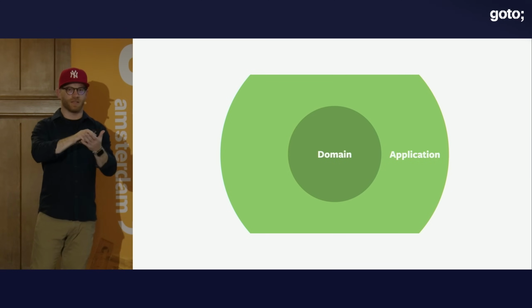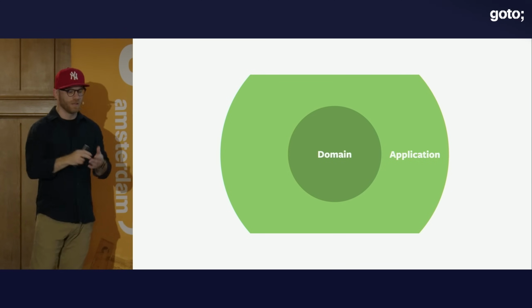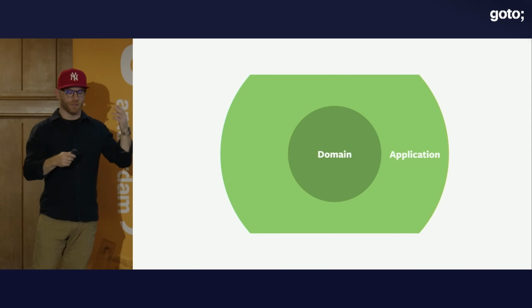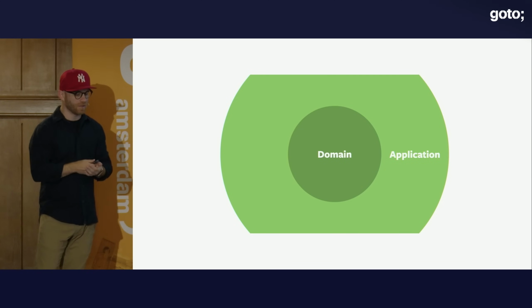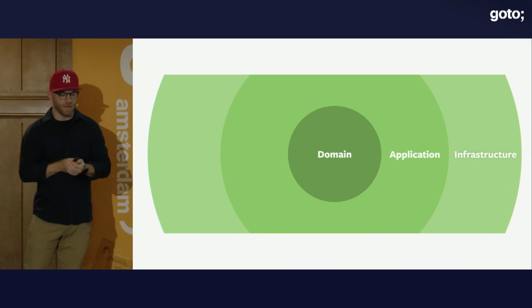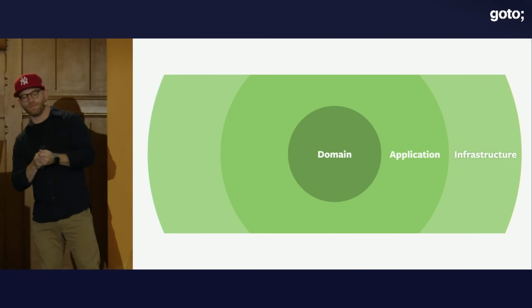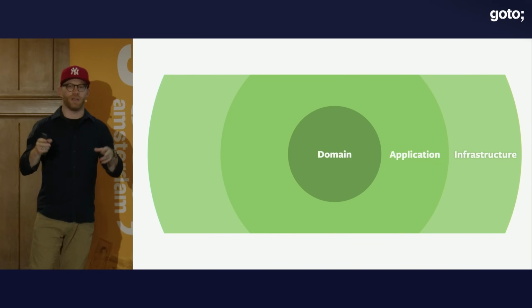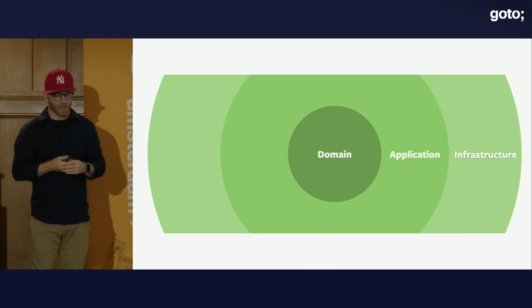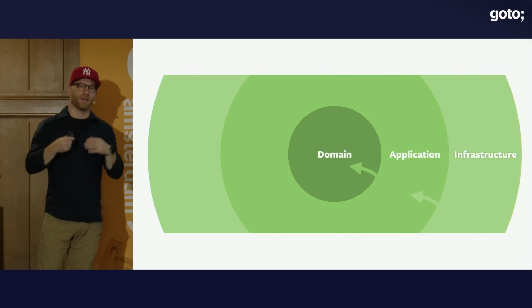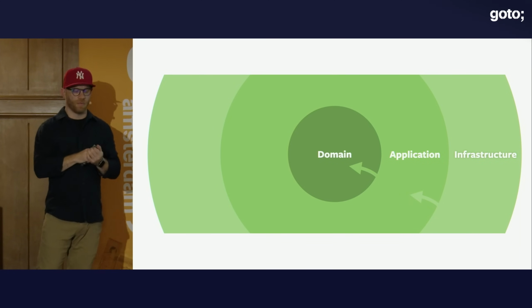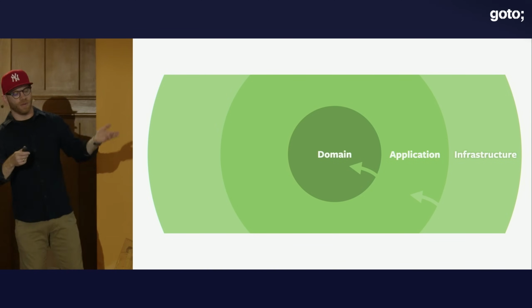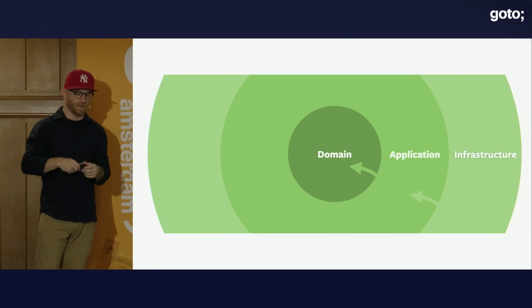It's assigning code to certain logical parts, domain being at the core, application services and whatnot surrounding that, and the infrastructure components located on the outer rim of the application. There's a predefined allowed dependency direction: the infrastructure depends on the application layer, and the application layer depends on the domain, so the rings depend from outside to the inside, right?